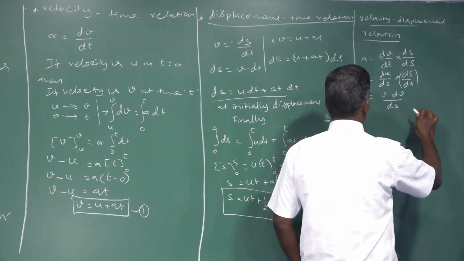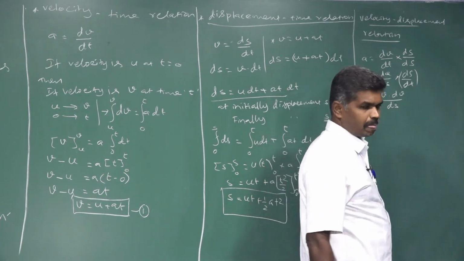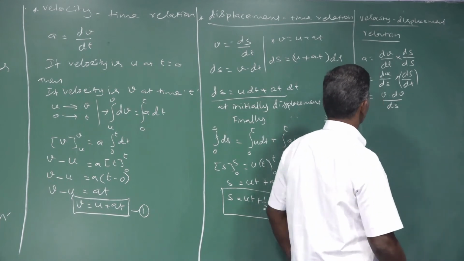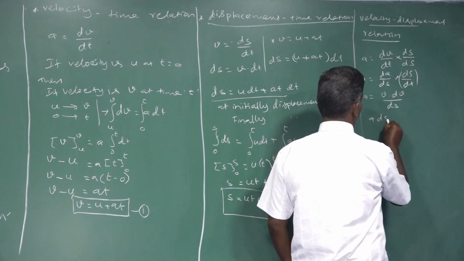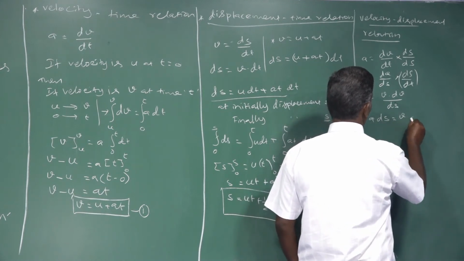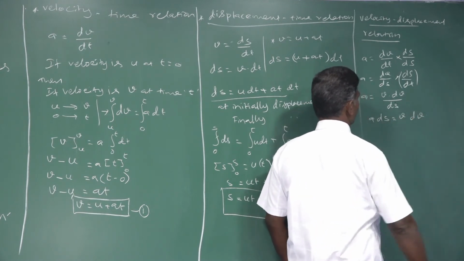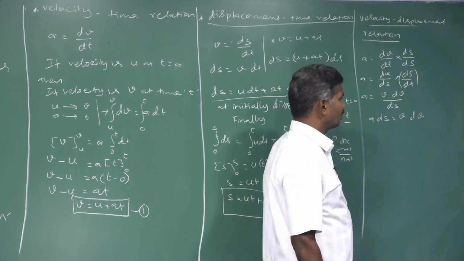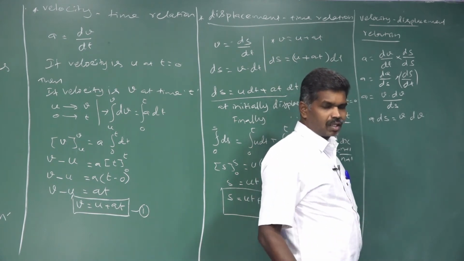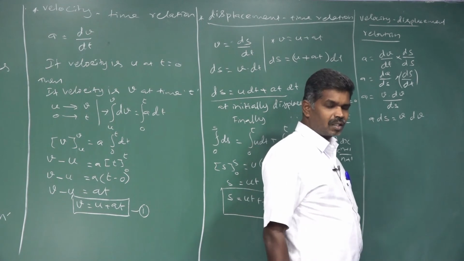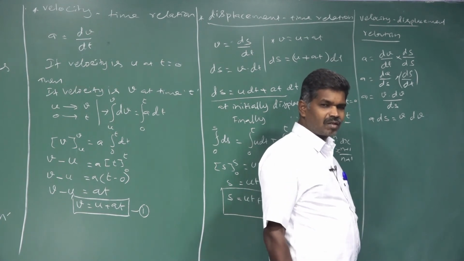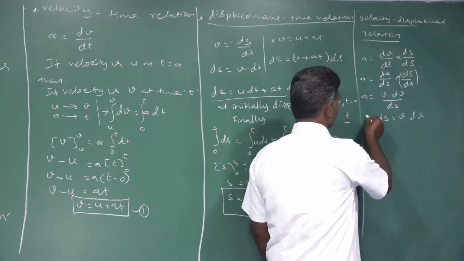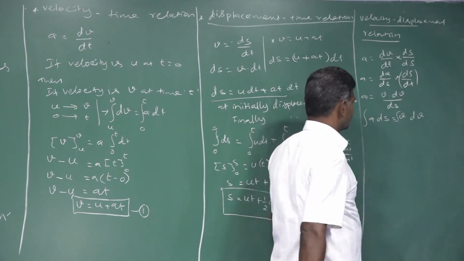Rearranging this equation, a ds is equal to v into dv. For displacement the limitation is 0 to s, and for velocity the limitation is u to v, so we integrate on both sides.